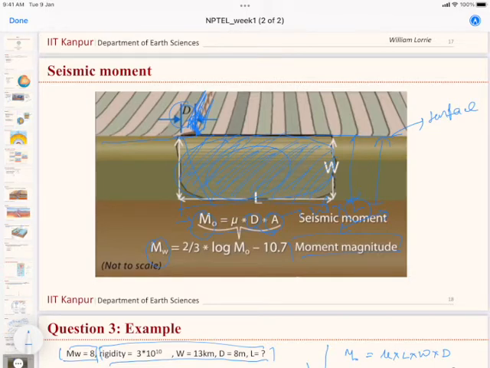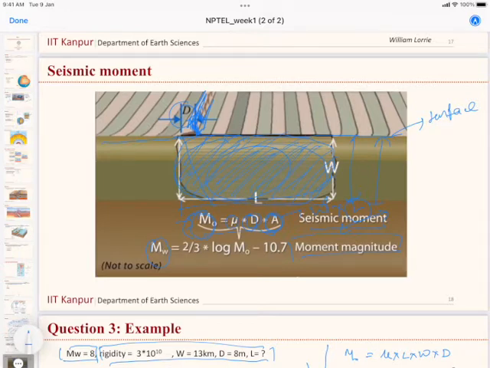Okay, since now we have this information, we can calculate M naught, the seismic moment, correct? Now we know the displacement along the fault and the surface area that got ruptured, and another parameter that we need is the rigidity.